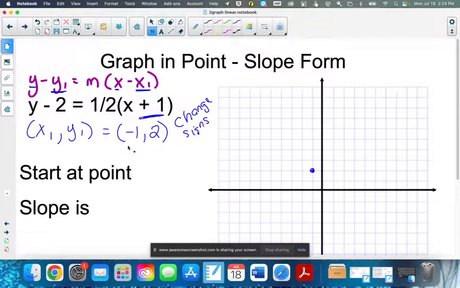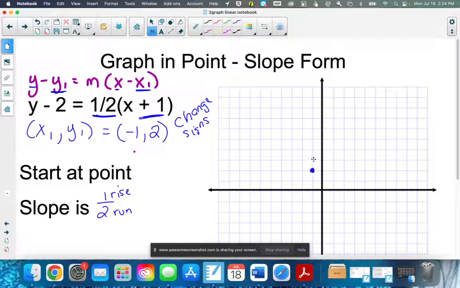Okay, the next part is easier. It's just like what we did the first time. Your slope is right in front of the parentheses. In this case, my slope is 1/2, so that's a rise of 1 and a run of 2. The only way this is different is that instead of starting from the y-intercept somewhere on the y-axis, you're starting from that random point and using your slope.